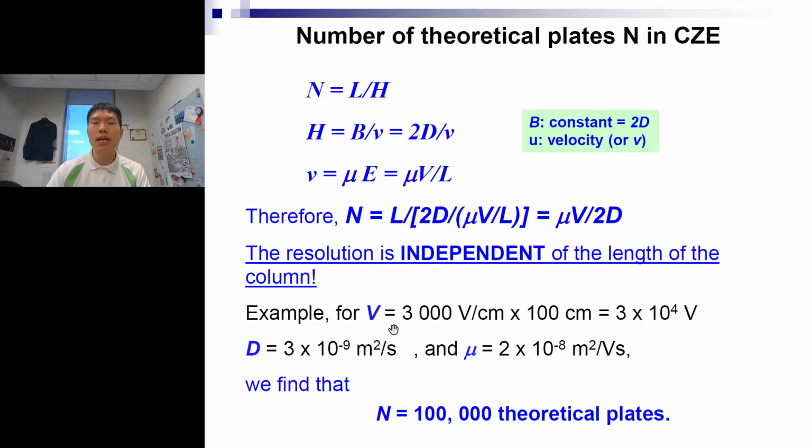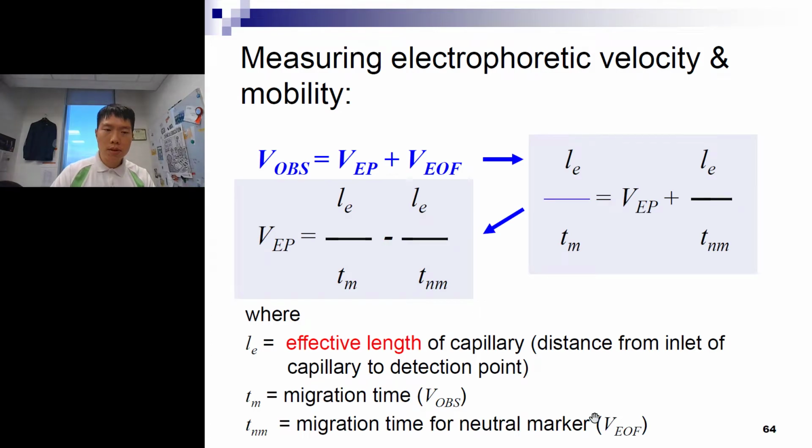So what you can do is take the applied voltage strength and multiply by the length of the capillary, and this is what you get here. So you see that what affects the number of plates is not the length of the column. It's something else. The voltage does have the effect.